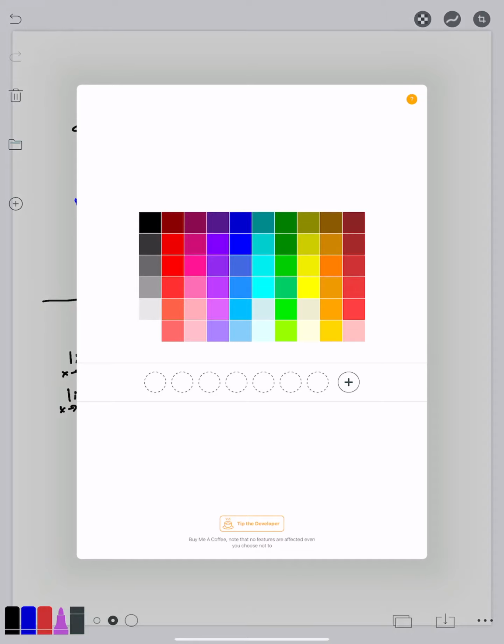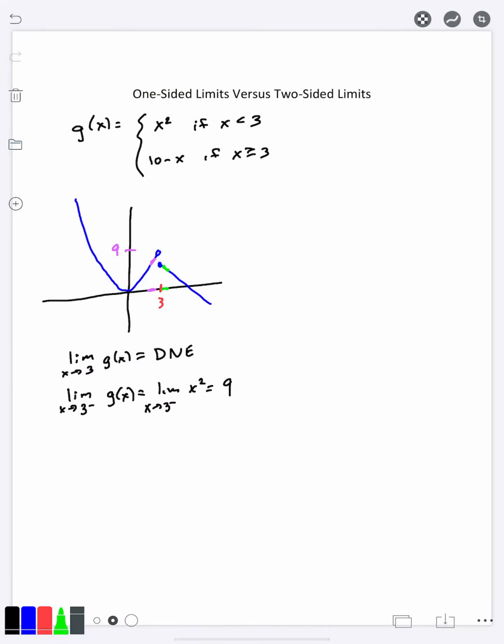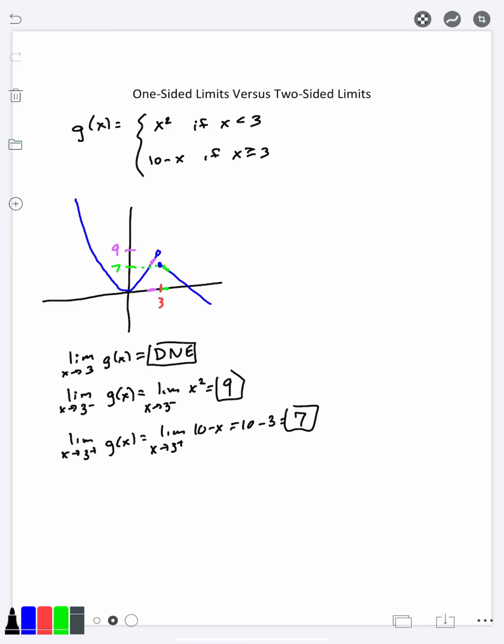And we can find the one on the left side here by saying, well, anytime that I am left of 3, the formula that I have is the x squared formula, so that would give you a y value of 9 there. On the other hand, if I look at the right side, I am going to use instead the second formula here, and that second formula is 10 minus x, and that would be 10 minus 3 is going to be 7 there. And so you see those two different one-sided limits we have an answer for, but the two-sided limit does not exist.